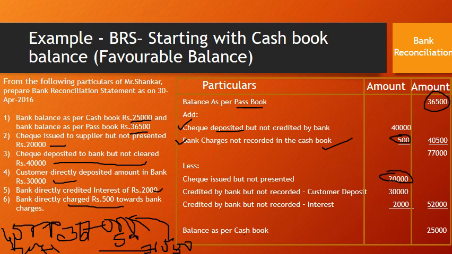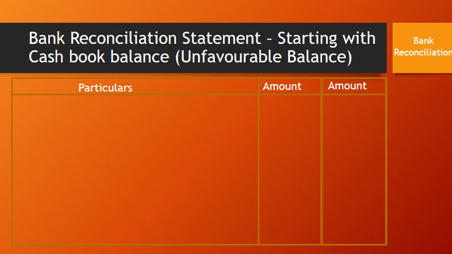Same way, an amount recorded in the bank account but not by us, all these things we are deducting. So the simple step is to identify, we have only around 7 to 8 kinds of transaction types, which ones are to be added, which ones deducted, and then proceed. The next type is starting with a cash book now for unfavorable balance.